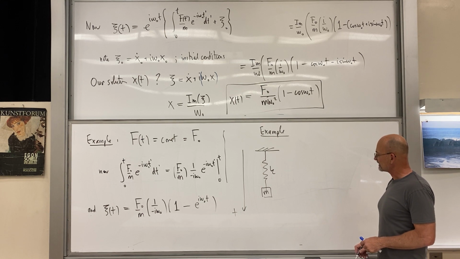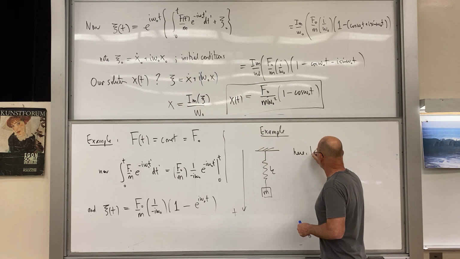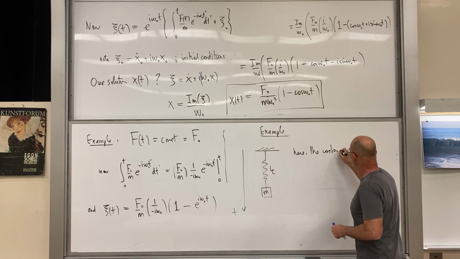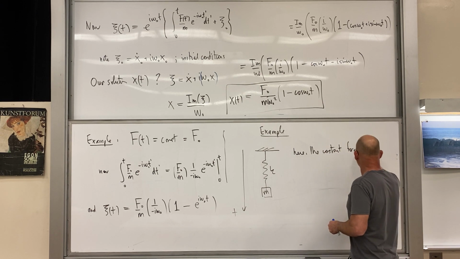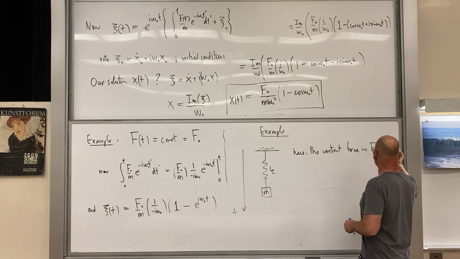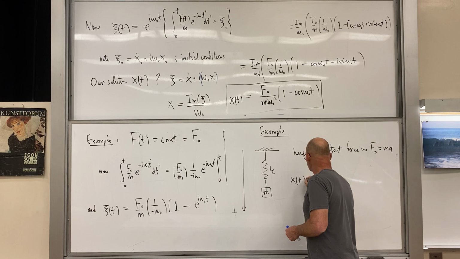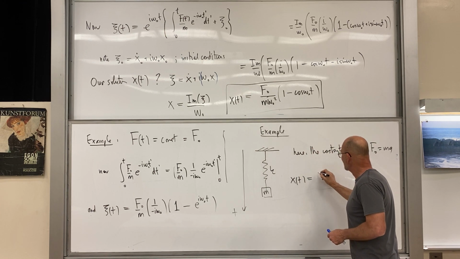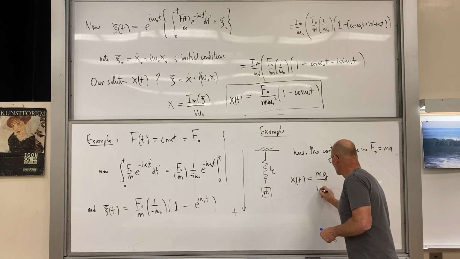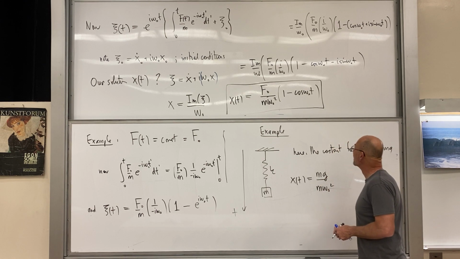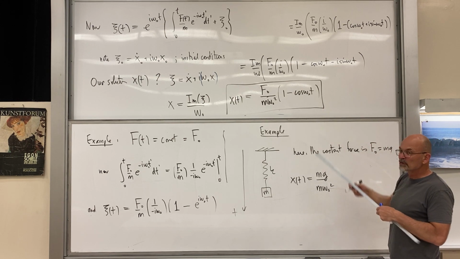Okay. So the constant force for a mass on a spring here is F naught equals mg, right? So we would have x of t equal to mg over m omega naught squared times 1 minus cos omega naught t.